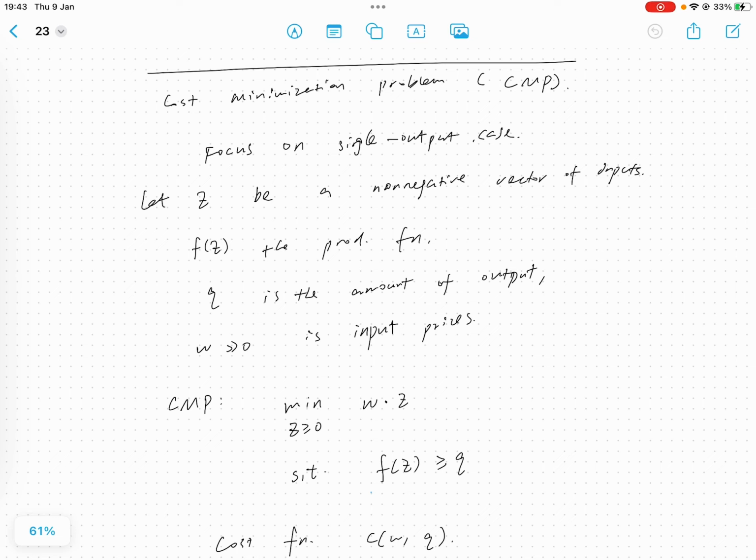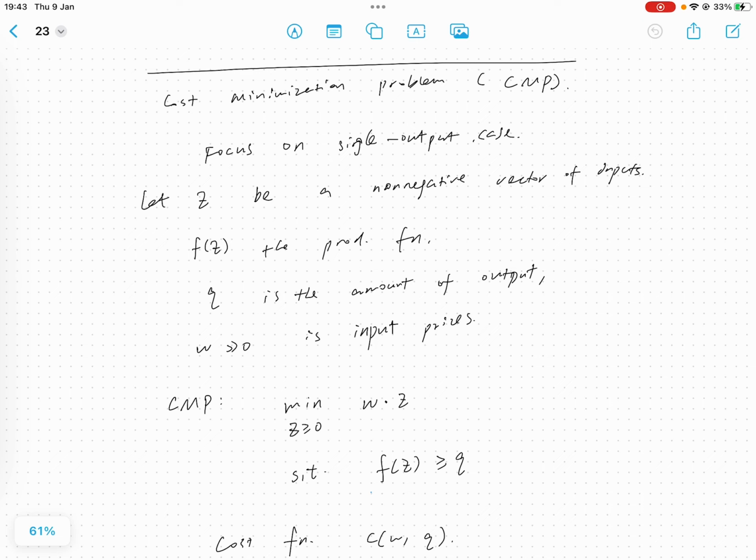Again let z be a non-negative vector of inputs, and f(z) the production function, which gives the output. Q is a certain amount of output that is required for the production. Why do we need this q?